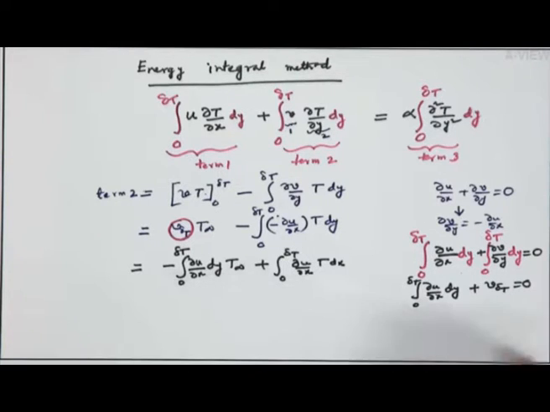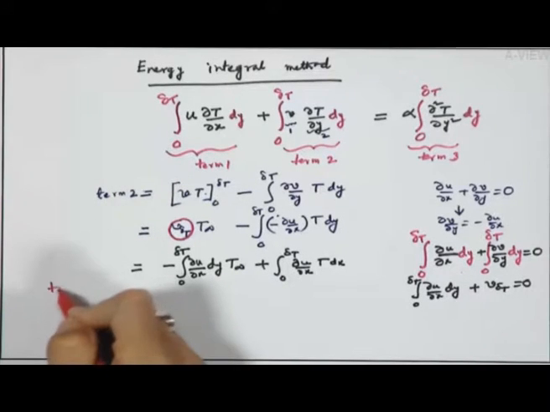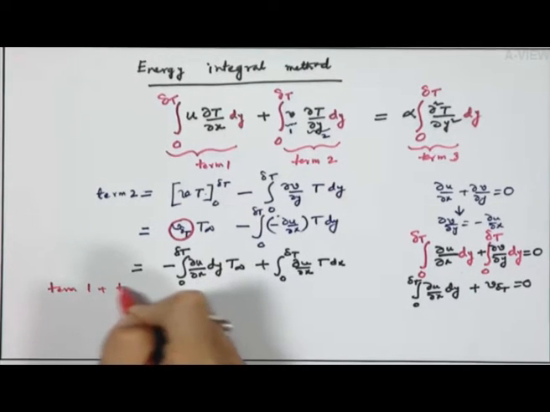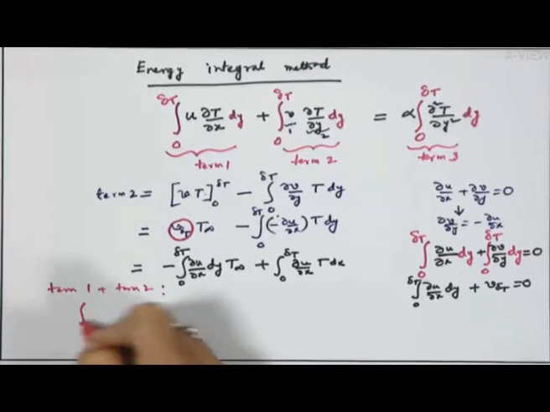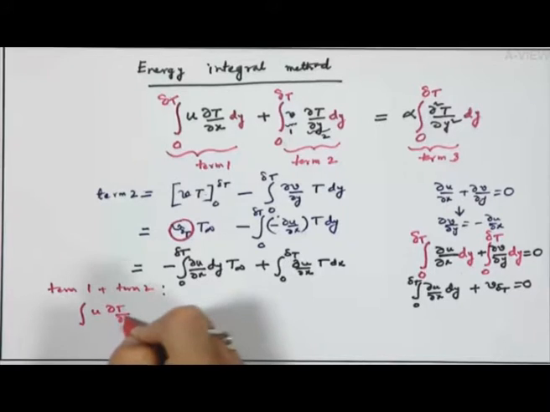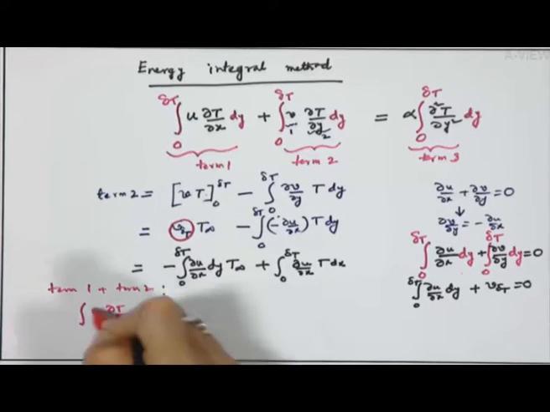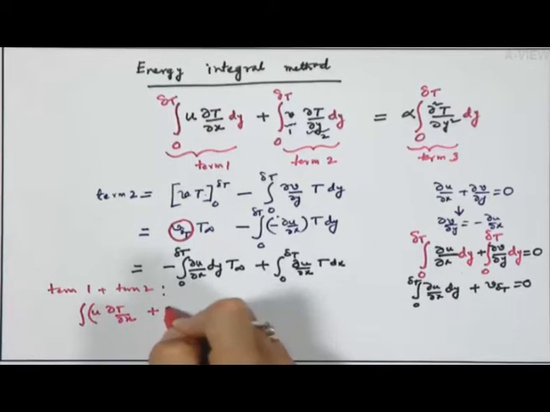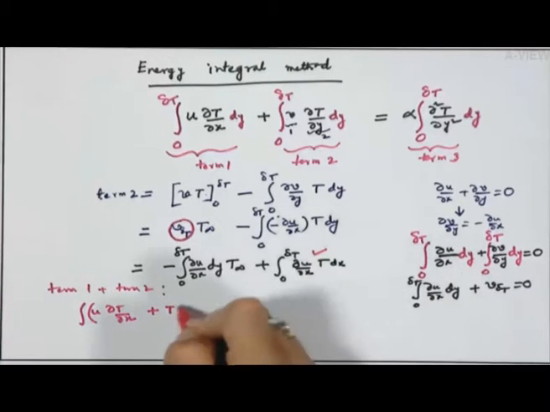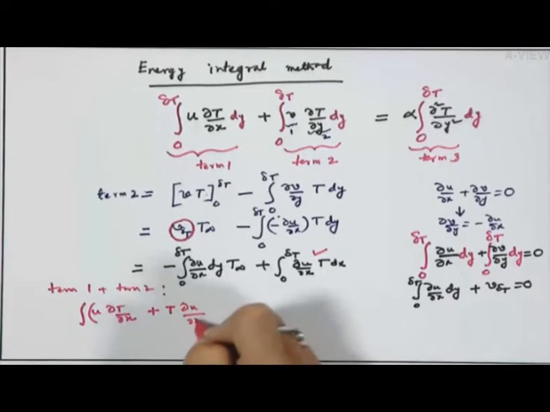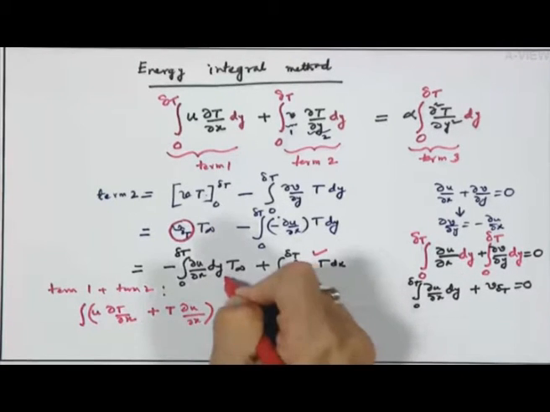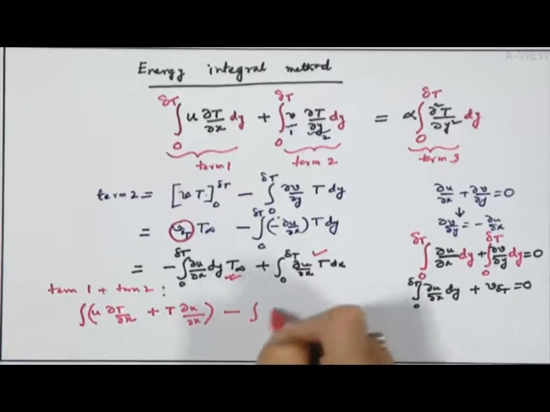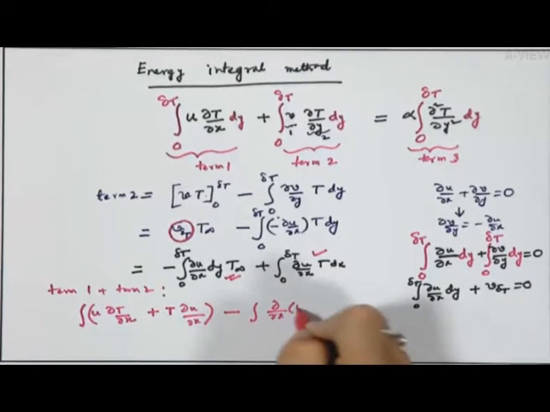So, term 1 plus term 2, that is integral u ∂T/∂x plus T ∂u/∂x, this is this term, then minus this term, integral ∂/∂x of u into T infinity.